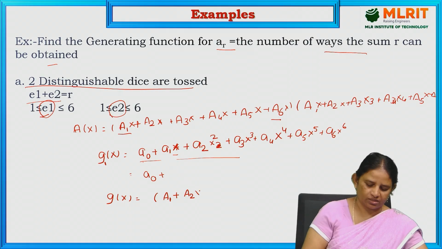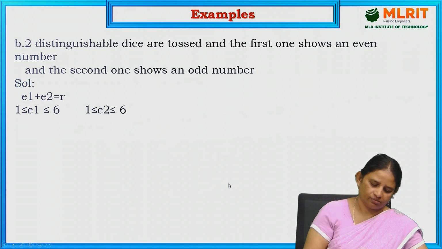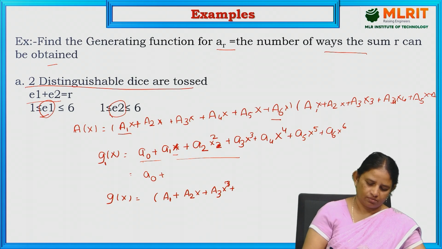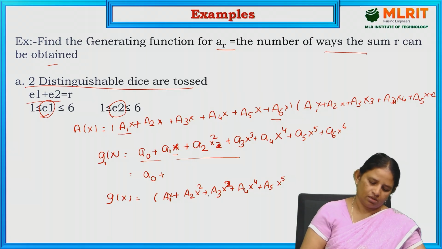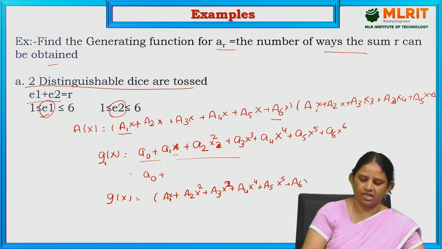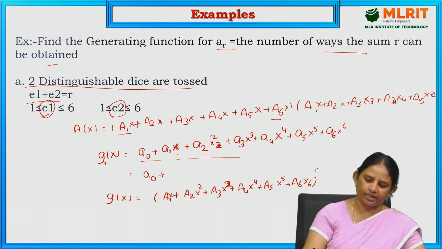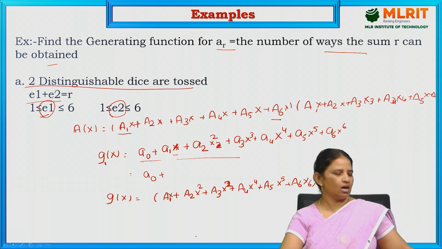The second term is a2x plus a3x cube plus a2x square, a1x plus a2x square plus a3x cube plus a4x to the power of 4 plus a5x to the power of 5 plus a6x to the power of 6. This is the first die. Two dice means we need to multiply. Two terms means whole square. That is the multiplication.